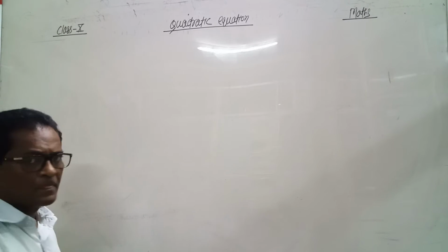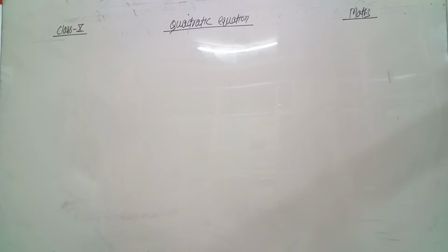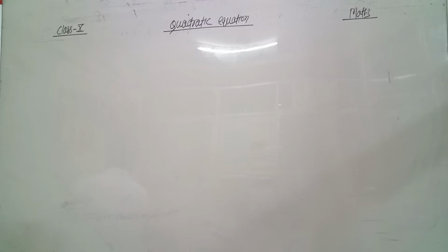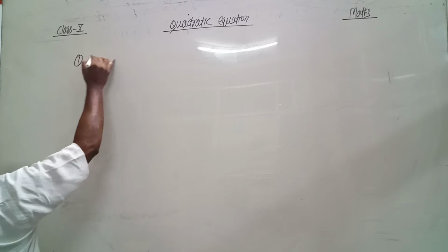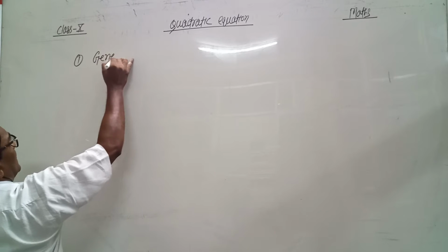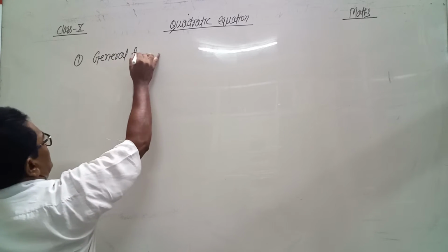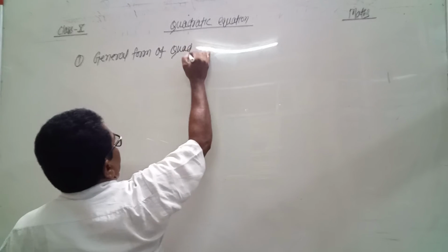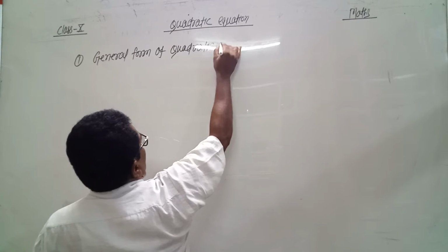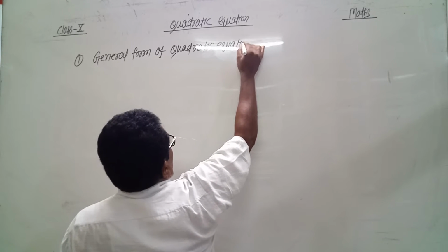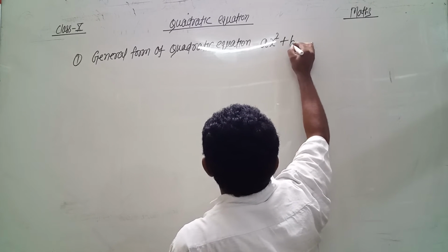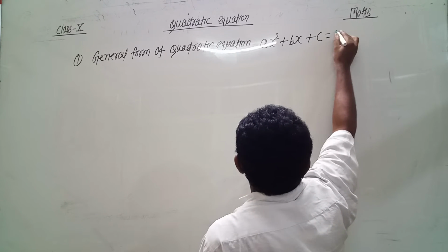In this video, we start a new chapter of class 10, quadratic equation. So, the general form of quadratic equation is given by ax square plus bx plus c equals to 0.